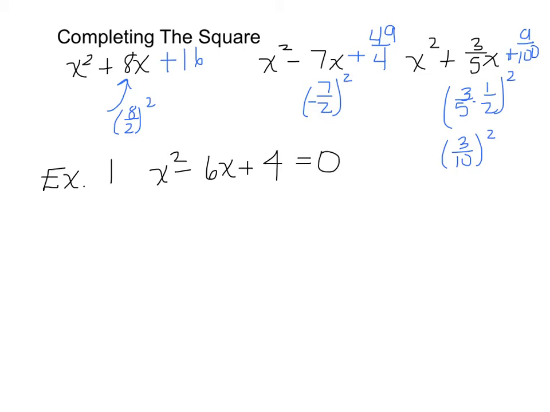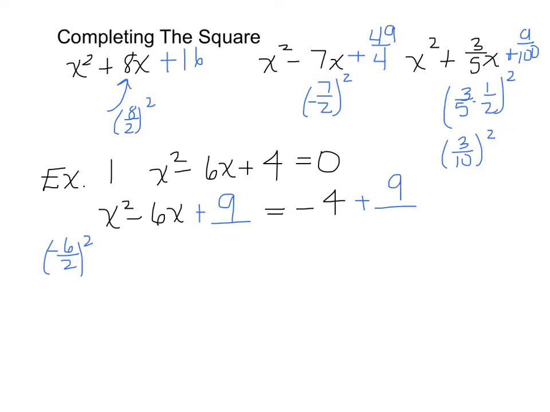All right, so let's say we had this problem. Okay. Does 4 complete the square for 6? No, it doesn't. So what we're going to do is move it to the other side. And we're going to put the correct number there. The correct number would be negative 6 over 2 squared. Negative 6 divided by 2 is 3. 3 squared is 9. But whatever you do to the right, you have to do to the left. That way, this can become a perfect square binomial.